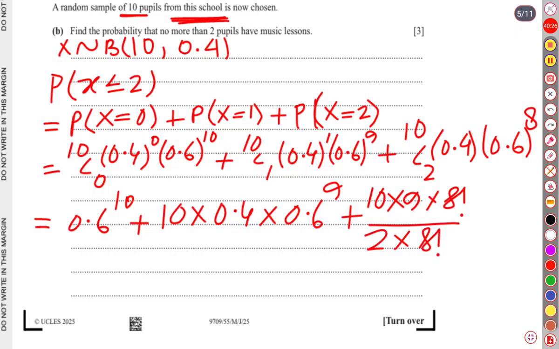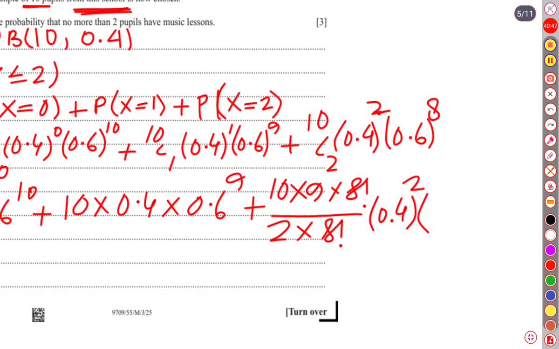If you expand this, you can write it in this way. And 0.4 two times, so two students choose music class, and 0.6 for 8 students.